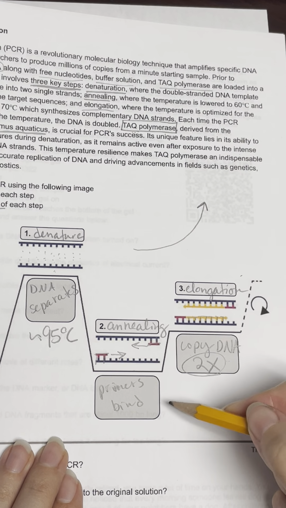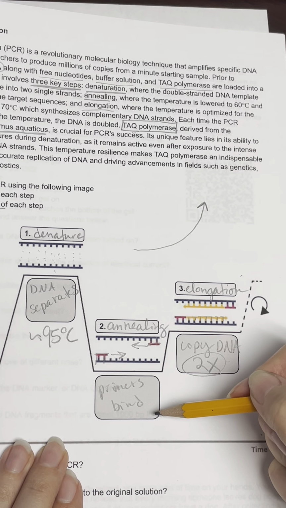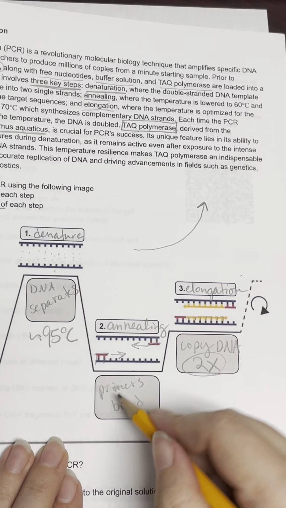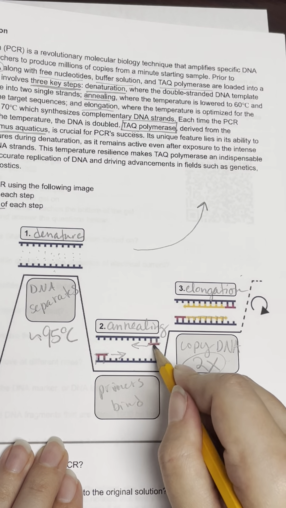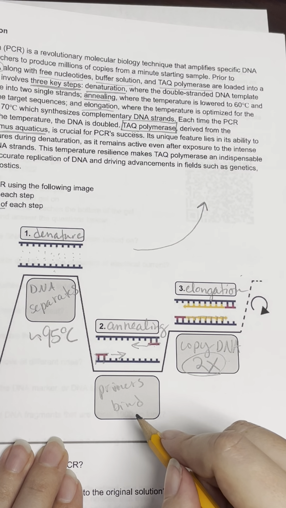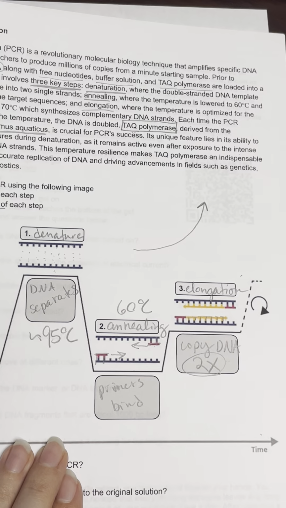Next, the annealing step, we're going to cool it down, but still not down to room temperature and not even to human body temperature, just cool enough for those primers to bind, for those hydrogen bonds to reform, which means this is going to be about 55 to 60 degrees Celsius.